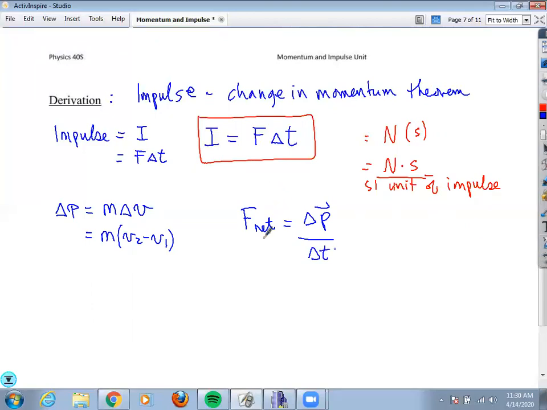And of course, we know that F net is equal to ma, according to Newton's second law. And if we go back over here, the delta v is caused by acceleration. It's delta v over delta t, so it does relate back to Newton's second law. So F net, the unbalanced force, causes momentum to change per period of time.